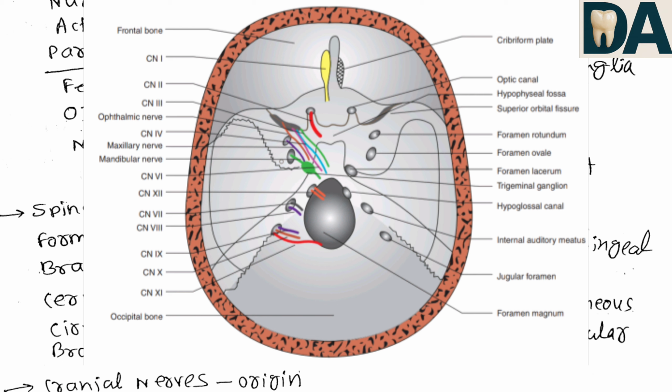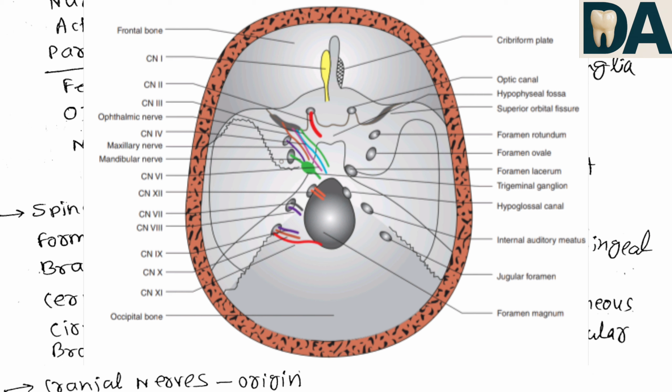The nerves are named as follows: 1 olfactory, 2 optic, 3 oculomotor, 4 trochlear, 5 trigeminal, 6 abducens, 7 facial, 8 acoustic, 9 glossopharyngeal, 10 vagus, 11 accessory, 12 hypoglossal. The functions of the cranial nerves are summarized in the next lectures.